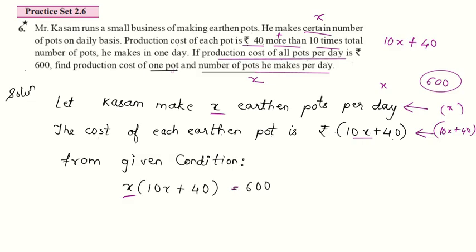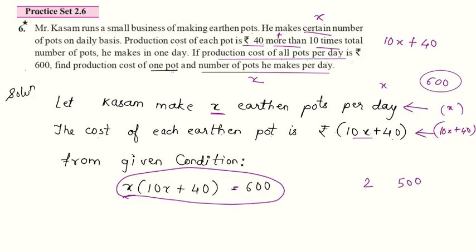So how did I frame this? For example, let's say Qasim is making a total of 2 pots, and the production cost he is paying for each pot is rupees 500.